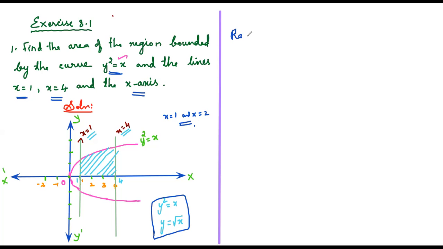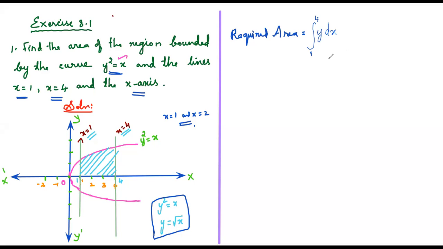So now you are supposed to find the area of the shaded region. So you can say required area is equal to integral 1 to 4 y dx.